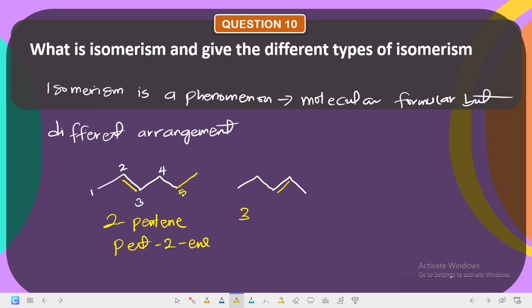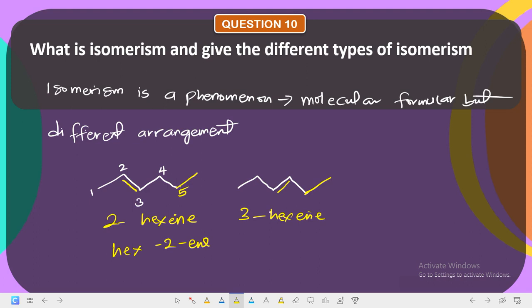So this becomes number 5, and this becomes 2-hexene, hex-2-ene. Then let's say this is 3-hexene. Let's add one here. 3-hexene.